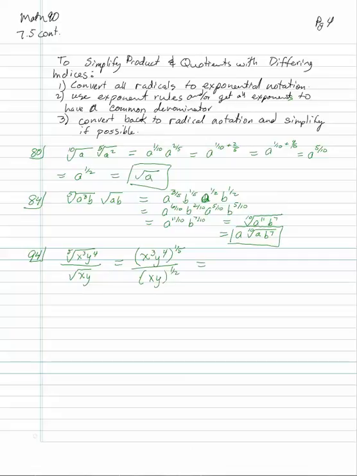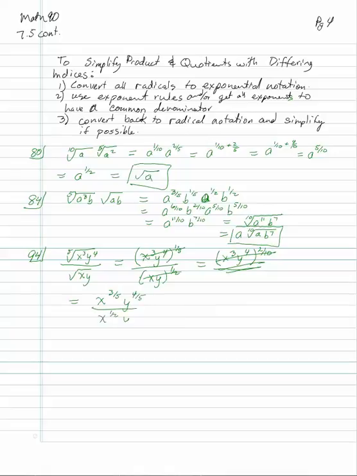Get those to have common denominators, which would be tenths. Actually, I don't like doing it this way. So let's go back to the other way. I definitely can do it that way, but I prefer to do it this way.